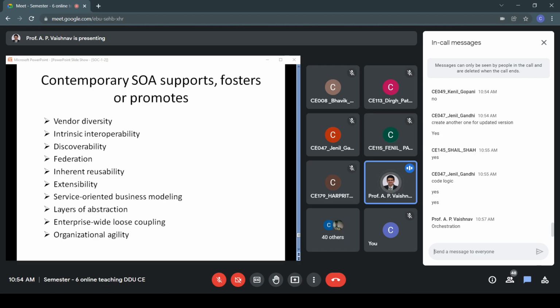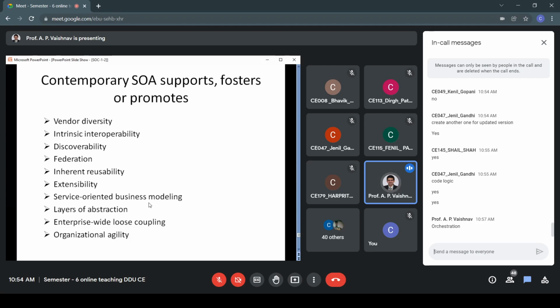Orchestration is one kind of standard that we use for managing the business rules of any organization. We'll see this in detail. So we can model our business rules as services. That is service-oriented business modeling. Okay, clear with this term?